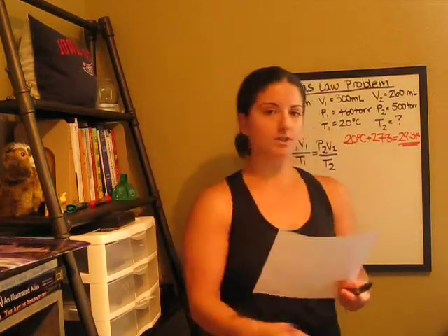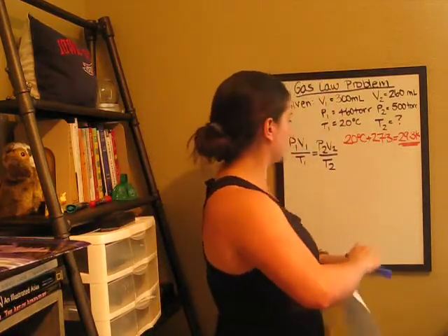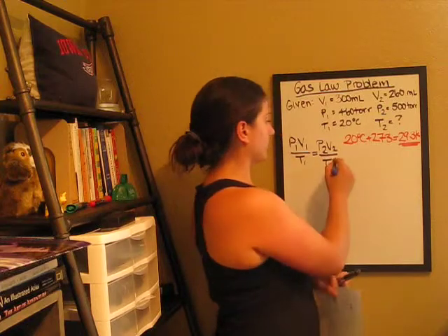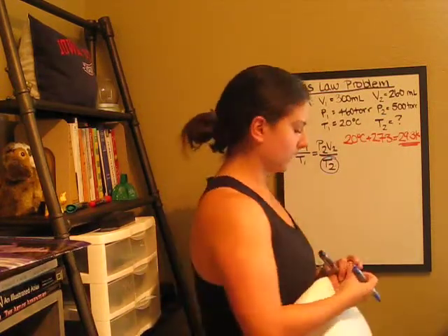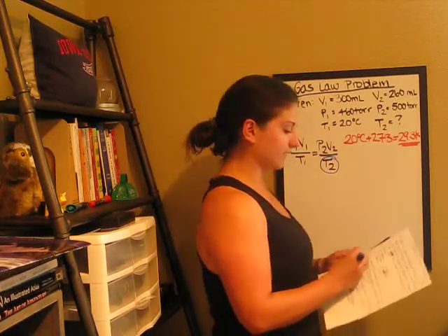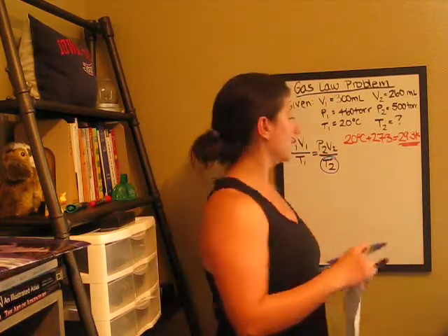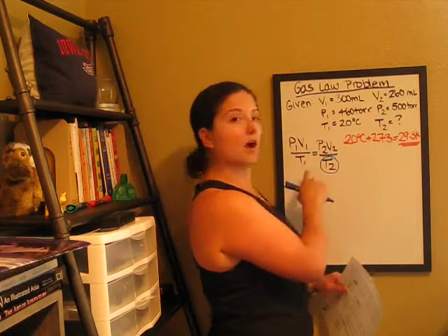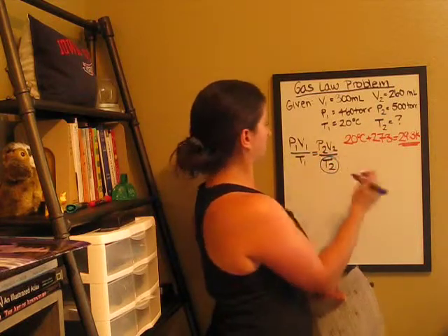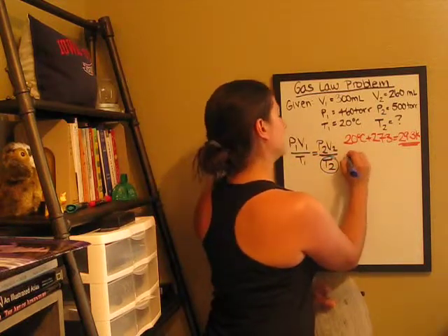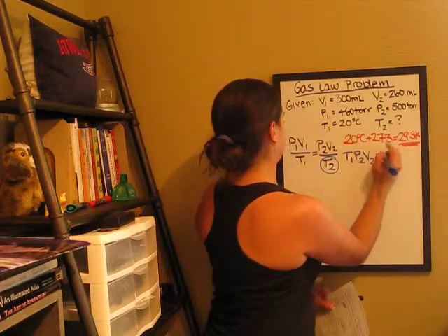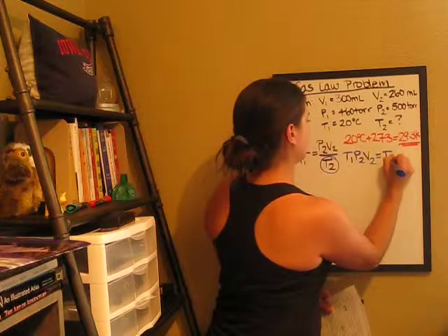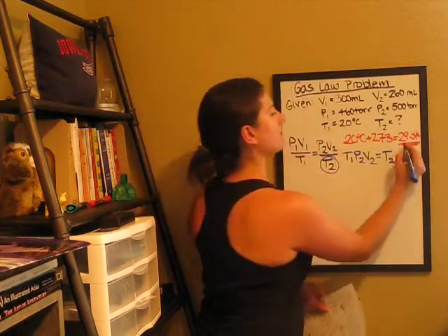So the next thing we are going to do is rearrange this equation to solve for T2, because that's what we want to solve for. What I recommend that you do in these kinds of equations when you're doing the algebra is you multiply across and set them equal to each other. So in this case, we're going to have T1 P2 V2 equals T2 P1 V1.